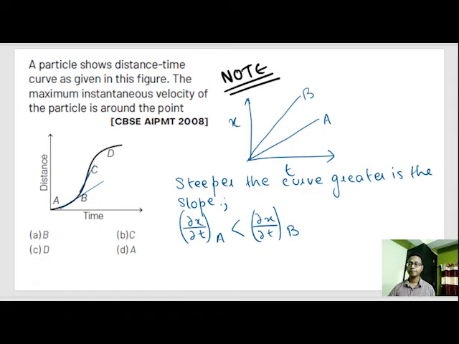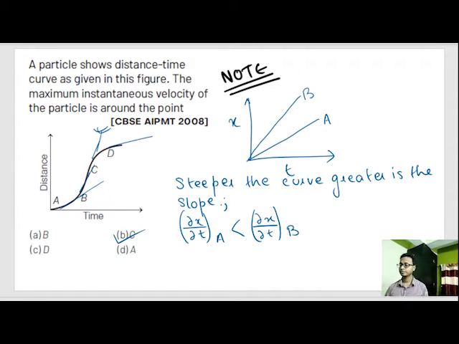The slope of C gives us something like this. And the slope of D is like this. We can clearly see this slope is steeper than the rest, more vertical than the rest of them. The slope at C is more vertical than the others. Therefore, our correct option is option B, which says point C will have the maximum velocity.